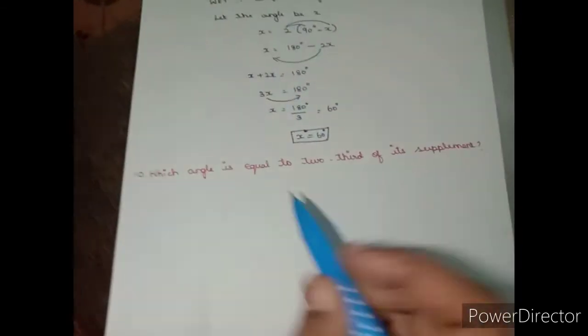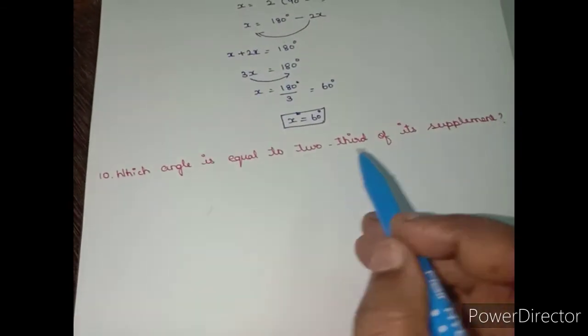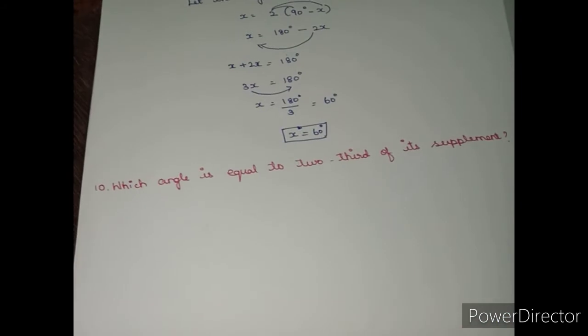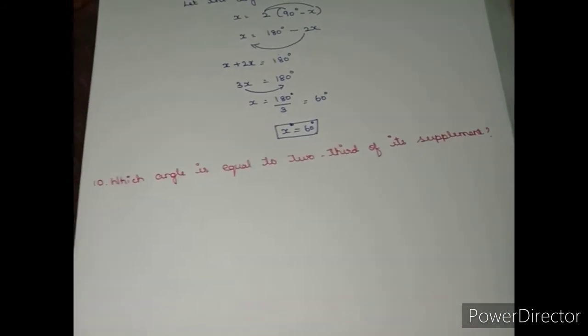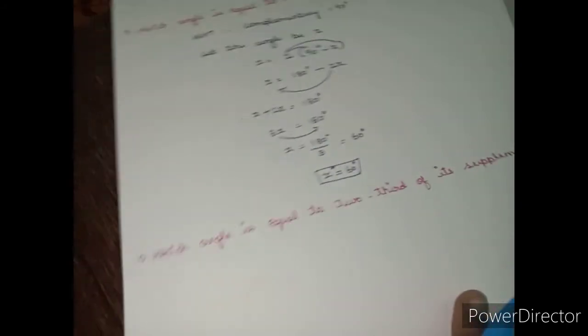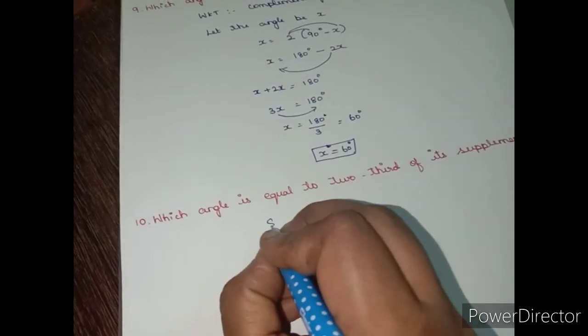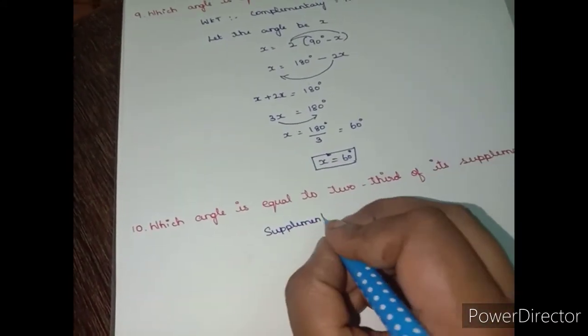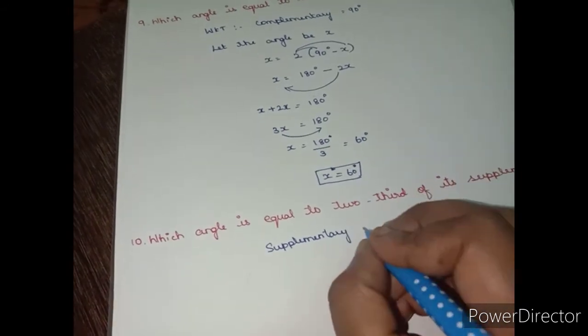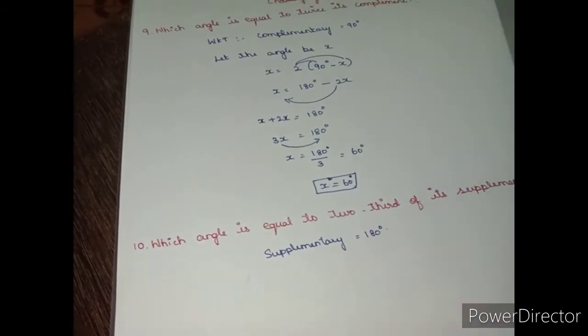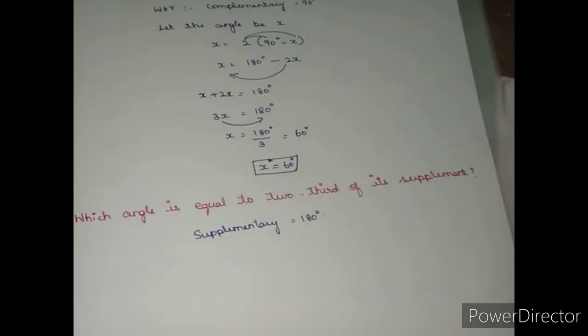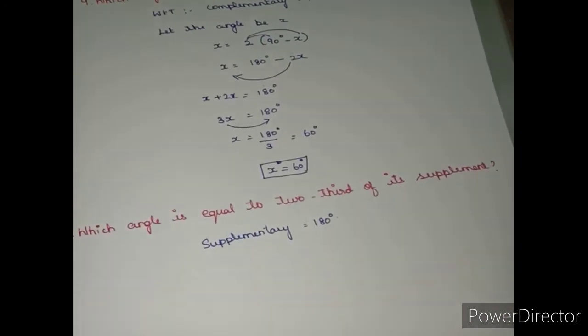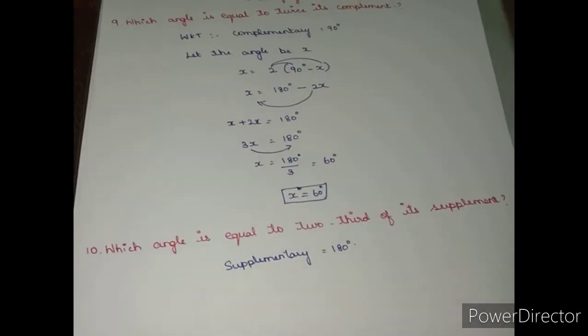See the next question, students. Which angle is equal to 2/3 of its supplement? So supplement we all know, 180 degrees. See, the angle which is equal to 2/3 of its supplement.